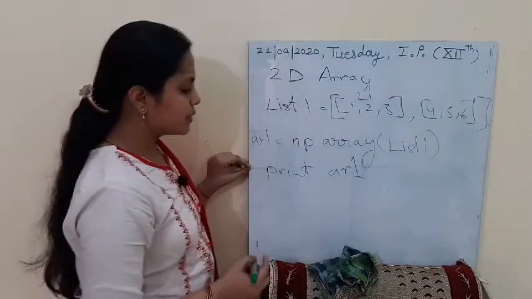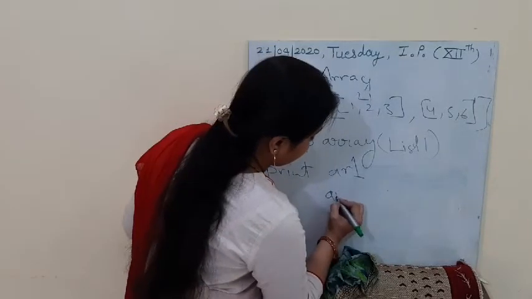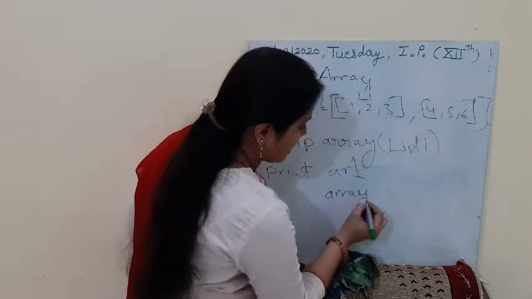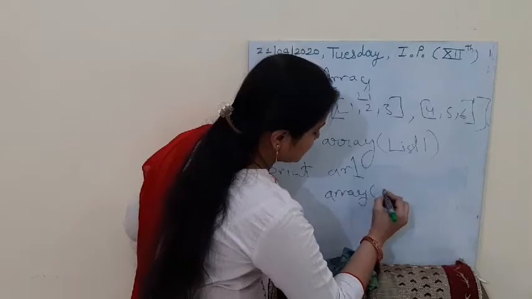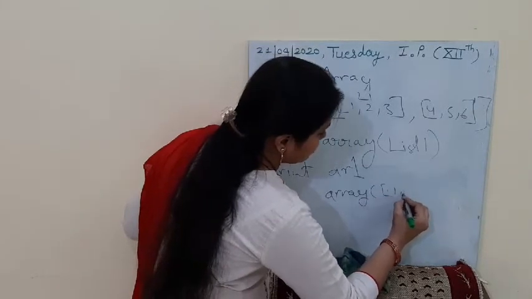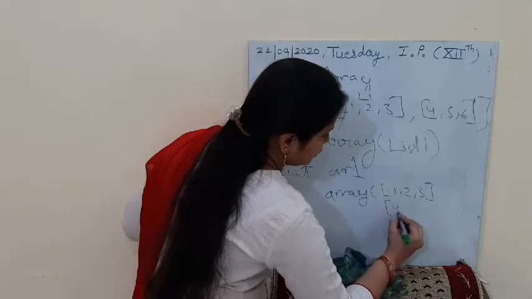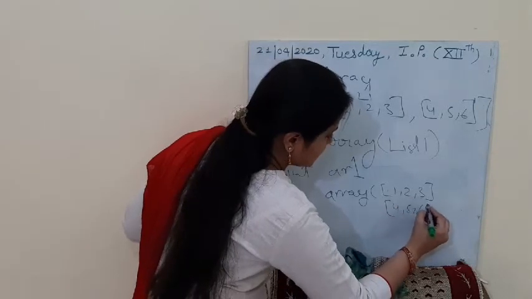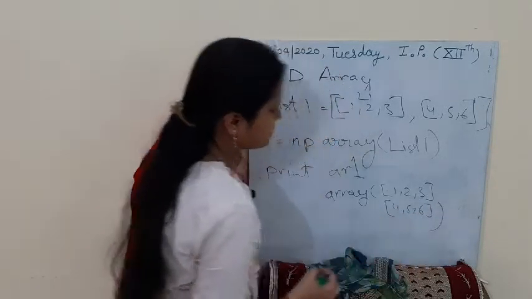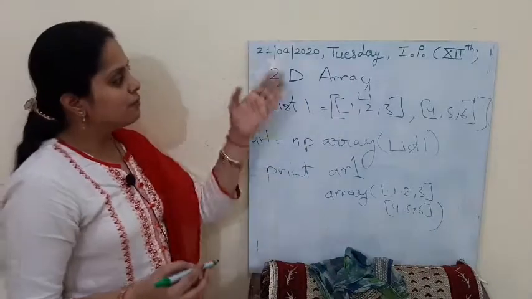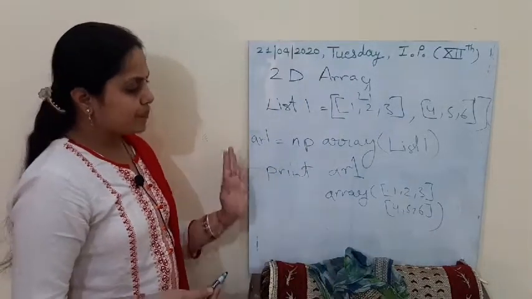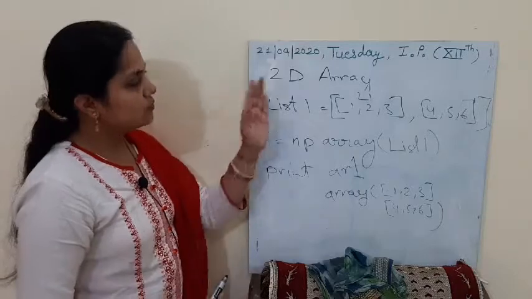The result I am going to get is array, and then it will be enclosed, 1, 2, 3 and 4, 5, 6. This will be the result that you get when you apply the array function on a nested list.